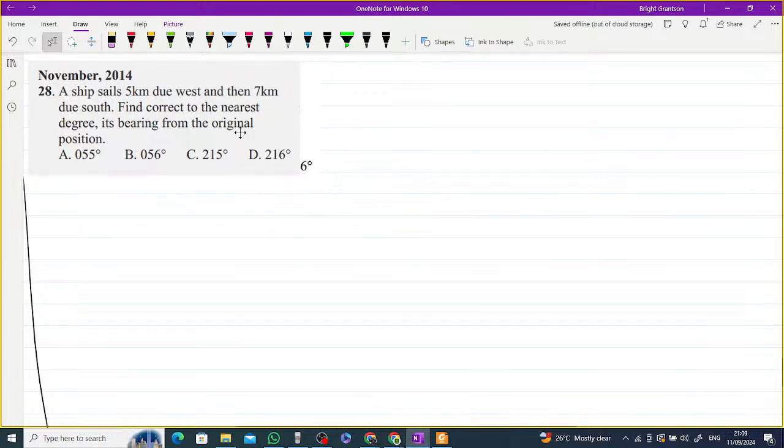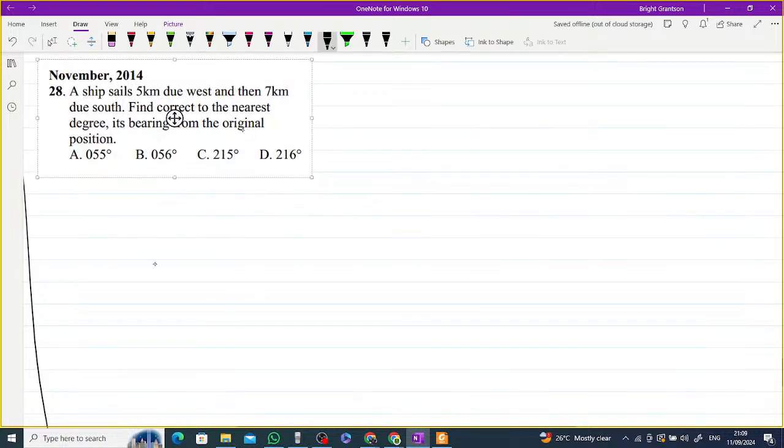Now a ship sails 5 kilometers due west. So this is a ship. Always we have to know this. So this is the direction north.